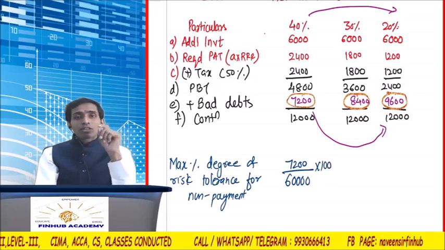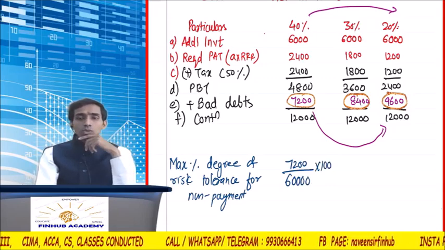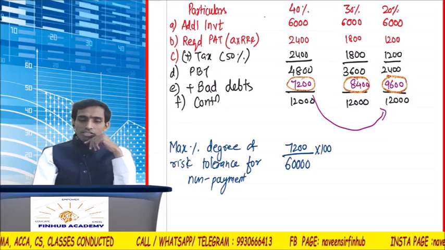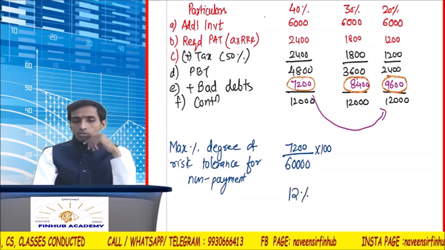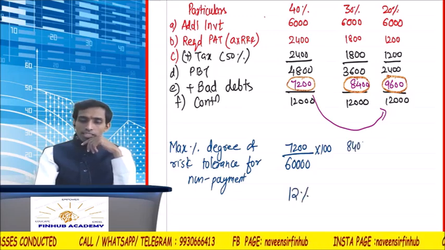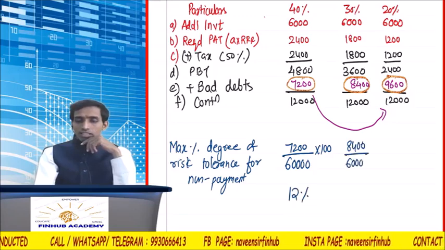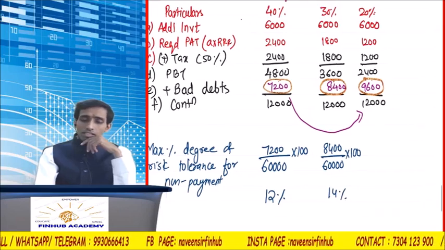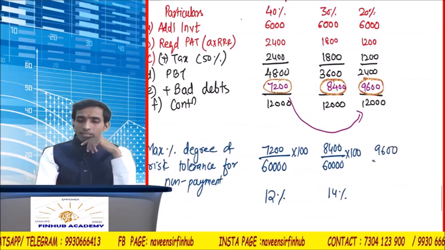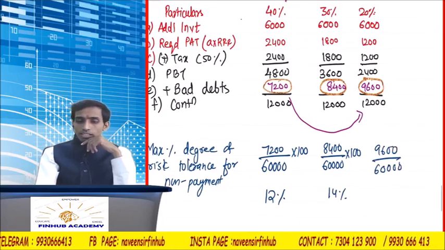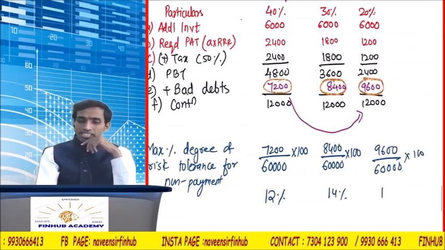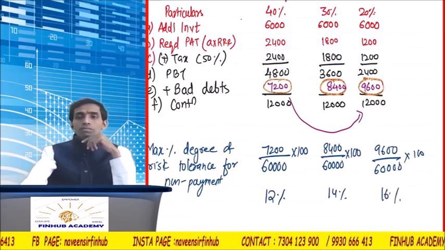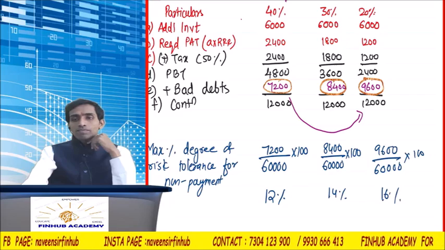So 7,200 divided by 60,000 into 100, how much? 12%. 8,400 divided by 60,000 into 100, how much? 14%. 9,600 divided by 60,000 into 100 will be how much? 16%. Okay, please copy.